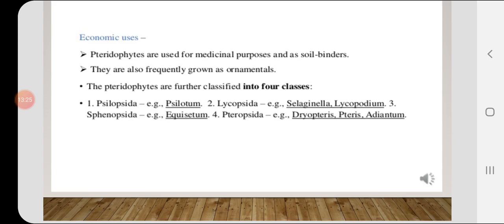Last, for Pteropsida, Dryopteris, Pteris or Adiantum. This is the classification of pteridophytes.